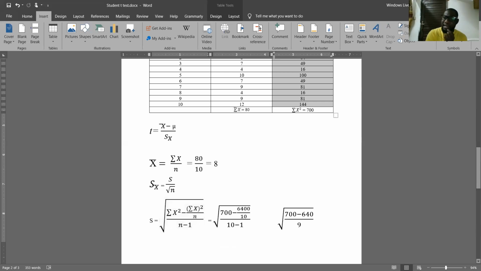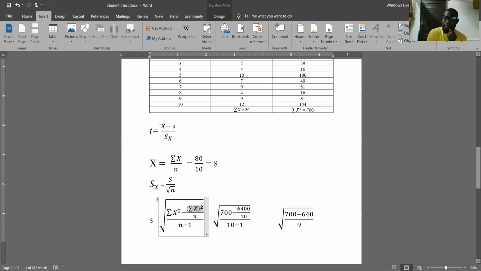We already had sigma X to be 80. And in math, when a value is in brackets, you are supposed to solve the one in the bracket first. So sigma X is in brackets, and we have sigma X to be 80. So it will be 80 squared, and 80 squared is equal to 6,400.